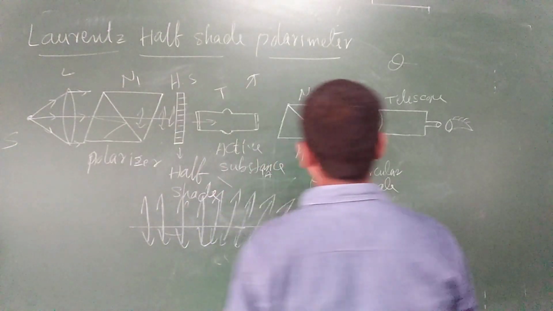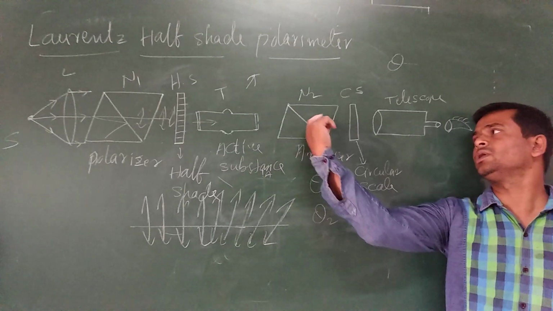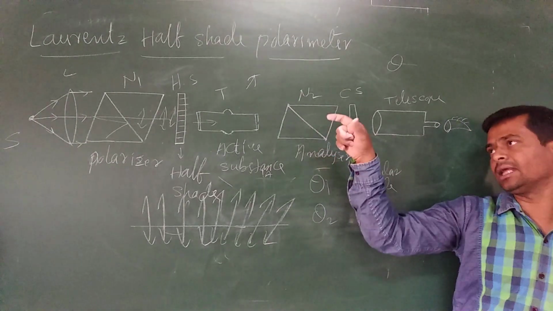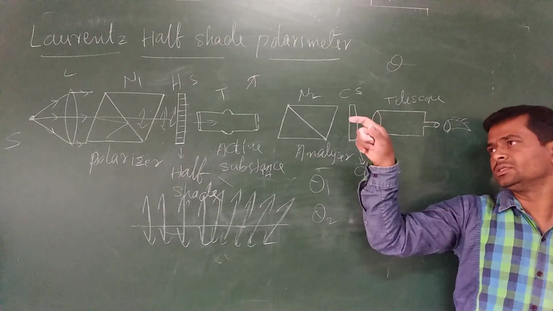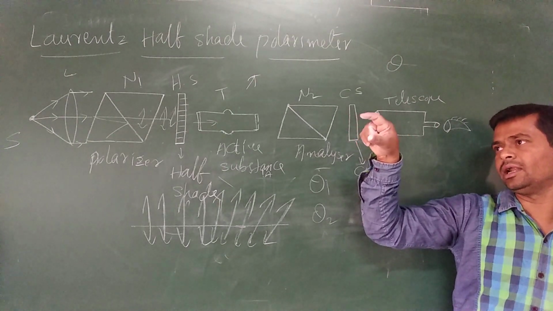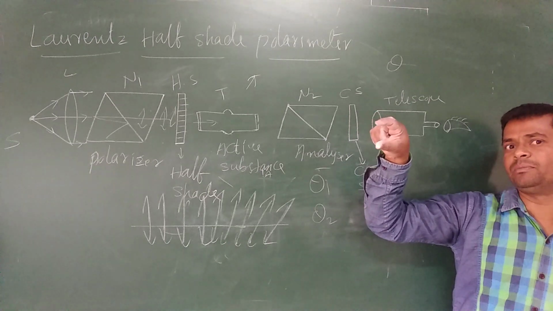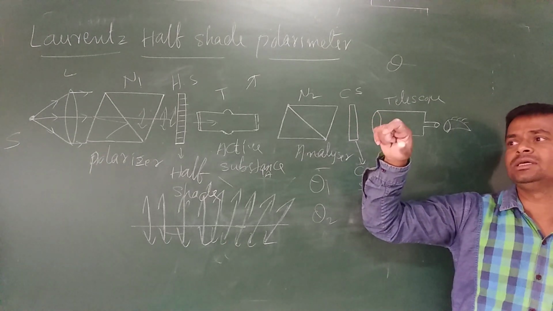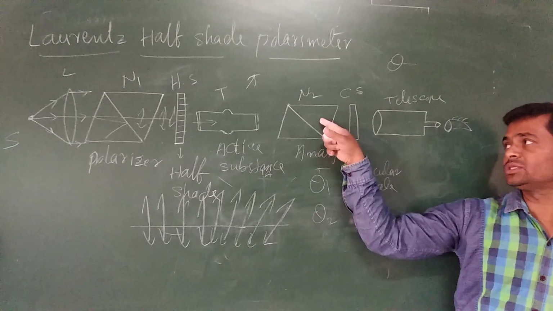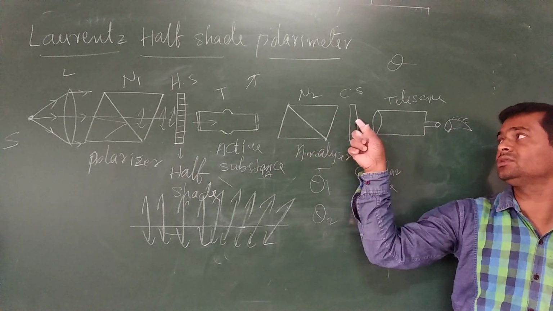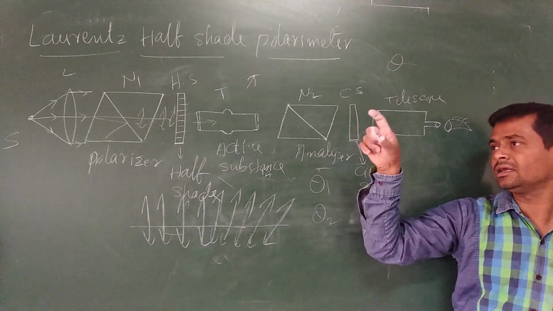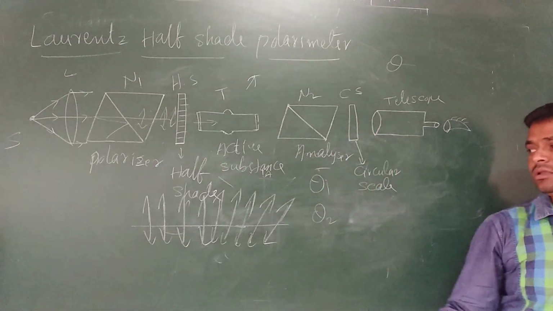So for this, what you have to do is slowly rotate this analyzer by looking through the telescope. Slowly rotate it, and when you reach a perfect brightness, stop there. Which one? Stop the analyzer. How much angle is rotated can be seen through the circular scale. Stop there and note down the values.